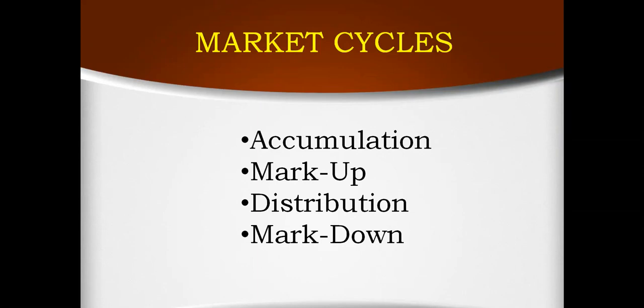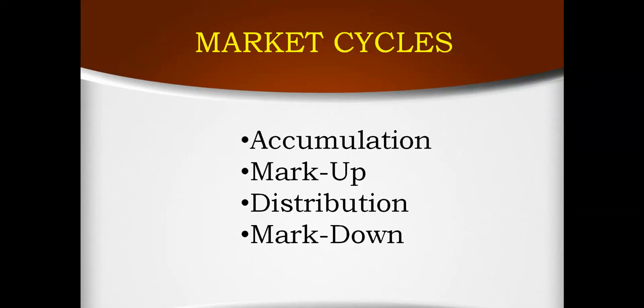As a trader or as an investor, you should always know all these cycles and how each of these cycles works. If you can master this, then definitely you are going to be a profitable and successful trader. Okay, now let me go one by one and explain how I identify the accumulation phase and how to get benefit out of that particular phase.